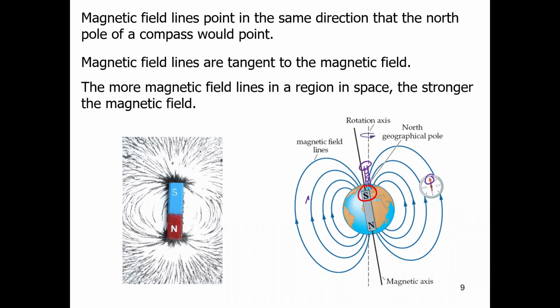Now the magnetic field does go through reversals. There is a lot of research right now that says we're headed towards a reversal. These have happened historically. If you were to look up Earth's magnetic field in geology classes, the seafloor is made of basalt, and basalt has a very high iron nickel content, which are magnetic materials.